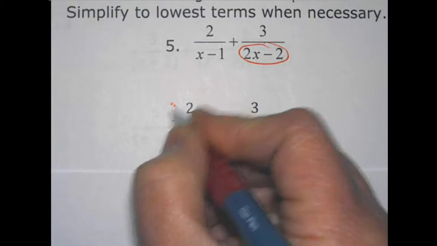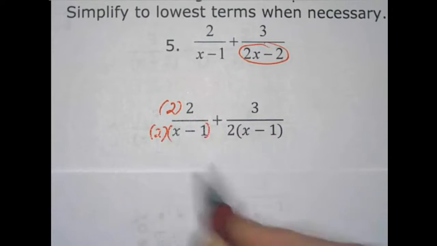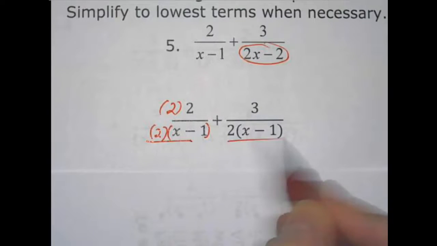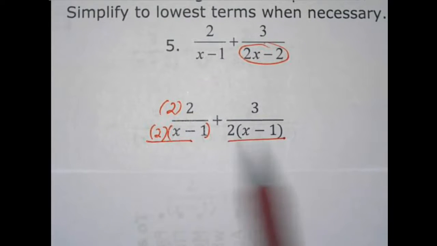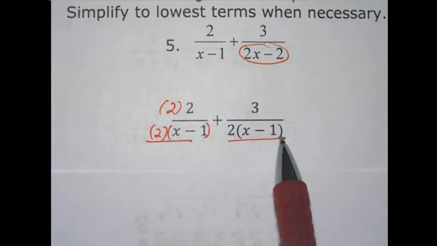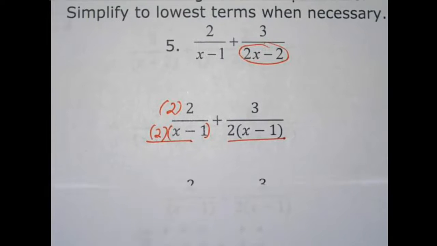I am going to multiply this so that this denominator will equal that denominator. I need to multiply this by 2, so the denominators will be equal. If I multiply the denominator by 2, I have to multiply the numerator by 2.